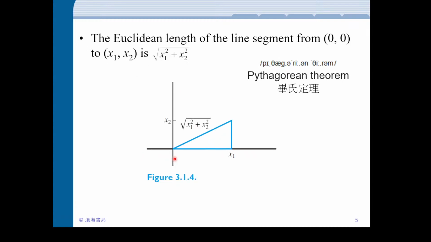The length of a vector is calculated as the square root of x1 squared plus x2 squared, and this comes from the Pythagorean theorem.